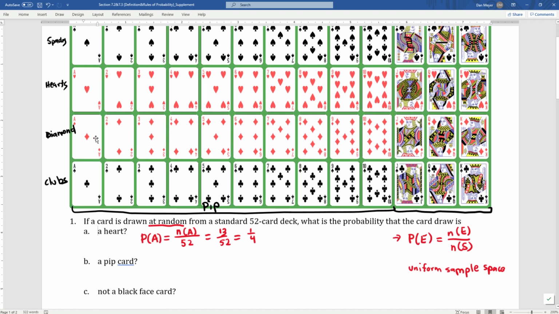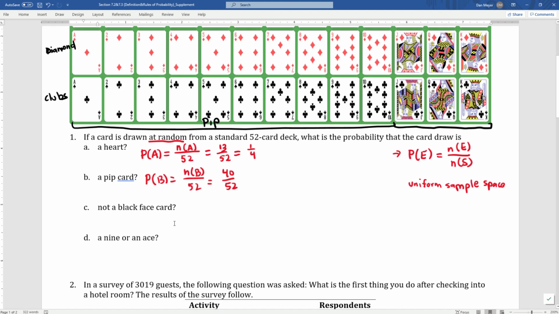Well, there's 1, 2, 3, 4, 5, 6, 7, 8, 9 pip cards in each suit and 4 suits. So the probability that we pick a pip card would be the number of pip cards divided by 52, which is 40 divided by 52.